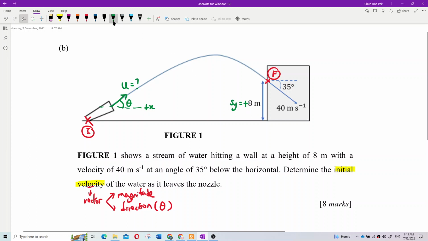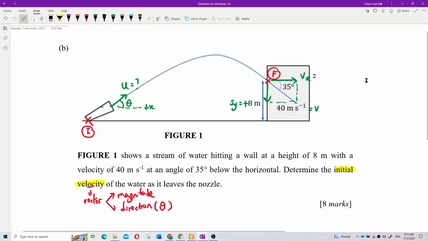And then we have this 40, which is the final velocity v. We can resolve this v into two components. We have 35 degrees.